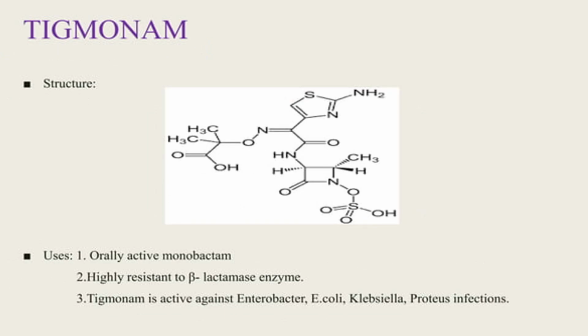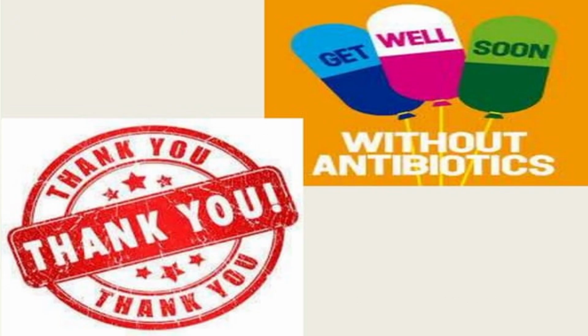Tigemonam is an orally active monobactam, highly resistant to the beta-lactamase enzyme. This is active against Enterobacter, E. coli, Shigella and Proteus infections. So this is all about the classes: today we started discussion from cephalosporin, then beta-lactamase inhibitors, and then a very important class, the monobactams. So thank you.